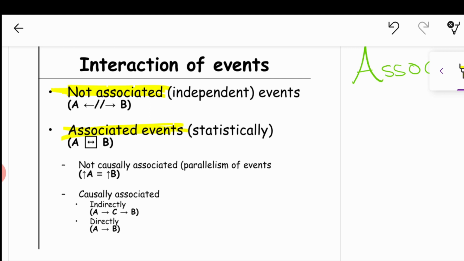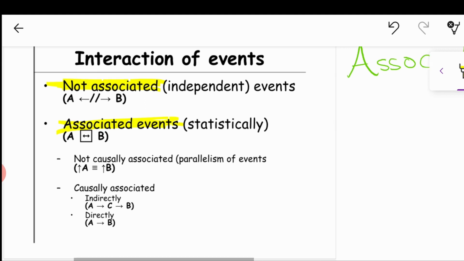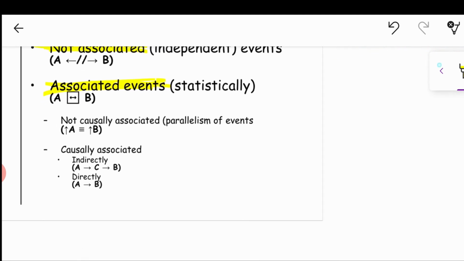Where we do get into the idea of causation is when we look at if it's causally associated or not causally associated.